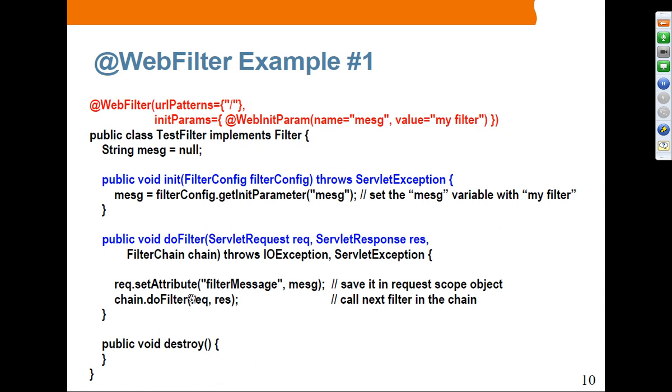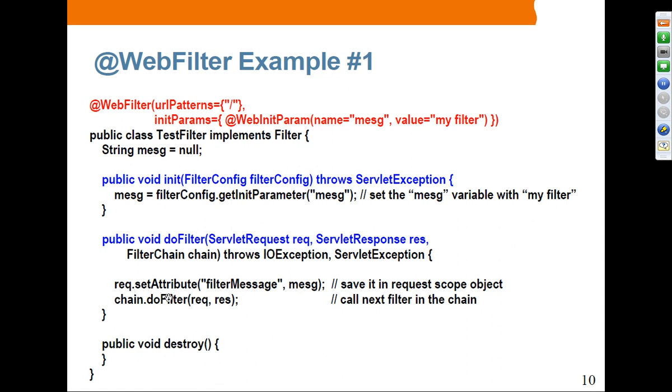Okay, and this is the doFilter method. Whenever this filter is invoked for each of those requests, this doFilter method gets invoked. All I'm doing here is setting a filter message key, and the value is going to be the value of this variable. So I'm setting the filterMessage key-value pair with message, which is set with my filter, in the request scope.